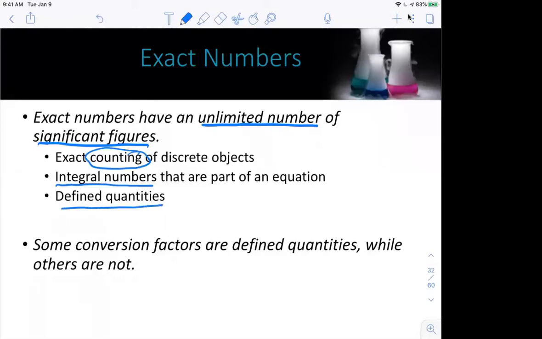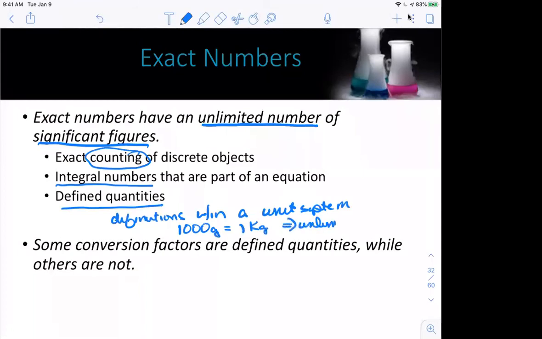Defined quantities. So definitions within a unit system. If I go 1,000 grams is equal to 1 kilogram, this is a definition, and this has unlimited sig figs.